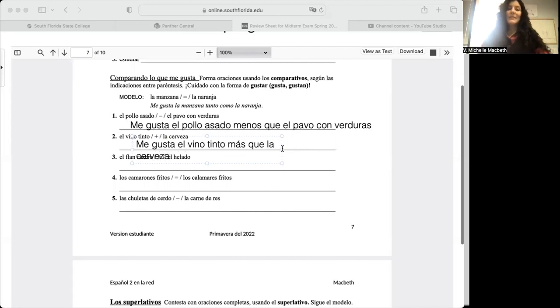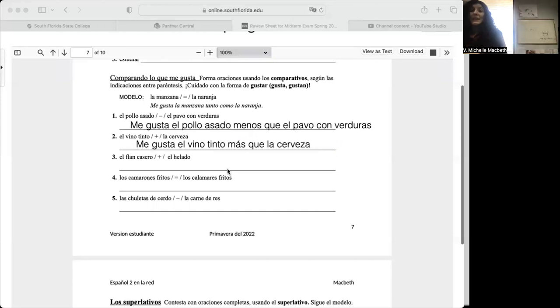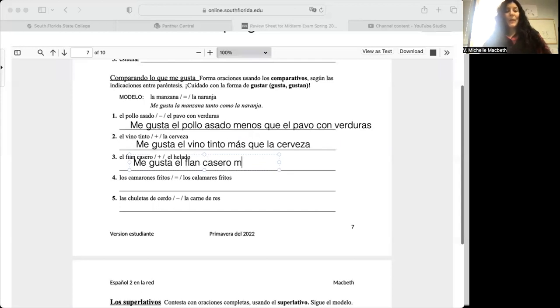Okay, so this is another way that comparisons and superlatives can look, right? I like this more than I like that, right? And it would all be one word. So, here again, me gusta el plan casero más que el helado. Because all of these we're comparing actions to each other, right?